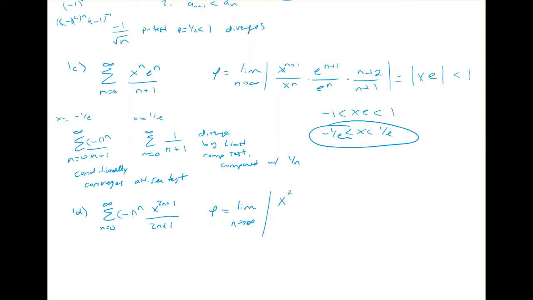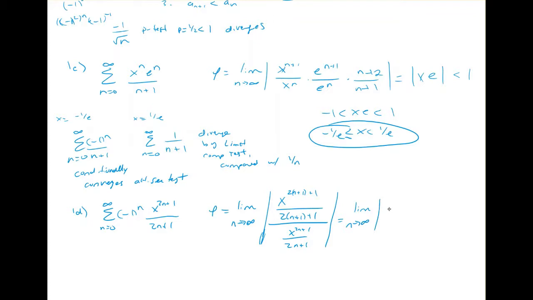We have 2n plus 1, that's the next term, a sub n plus 1. Again, with the absolute value I don't have to worry about the negative. The term that we had was x to the 2n plus 1 over 2n plus 1.